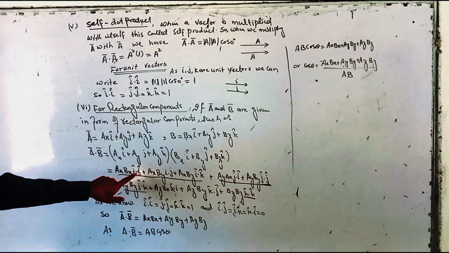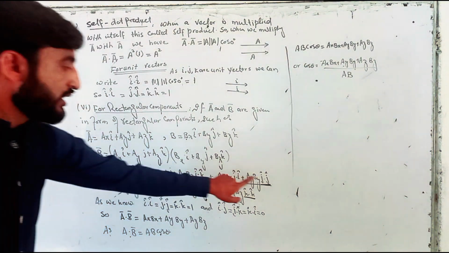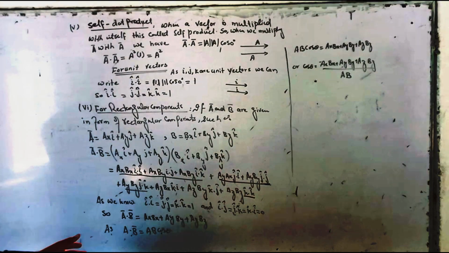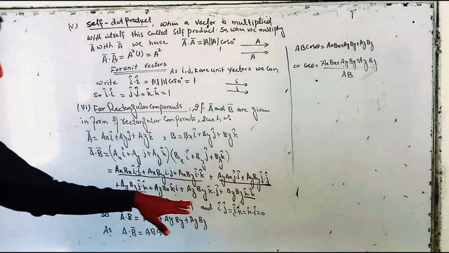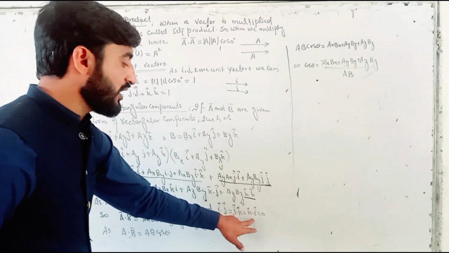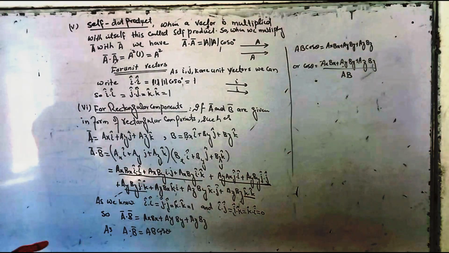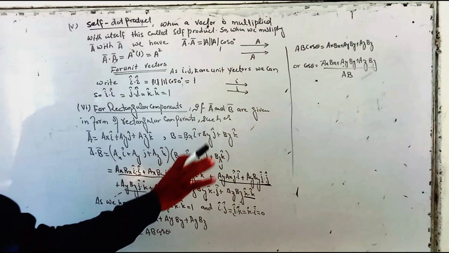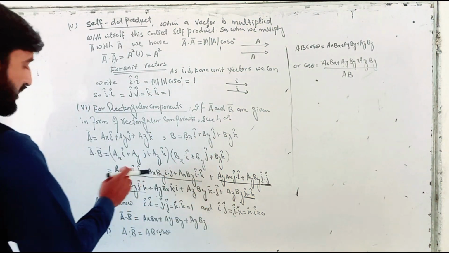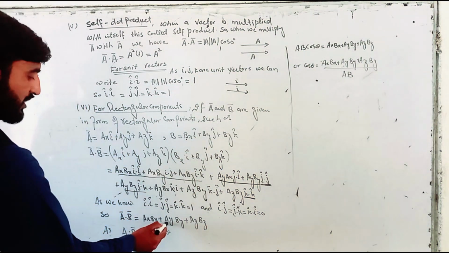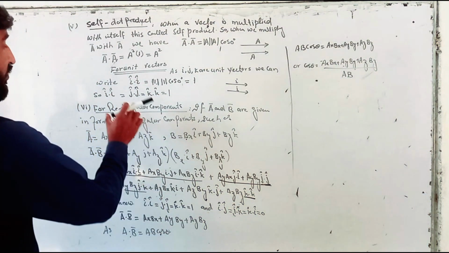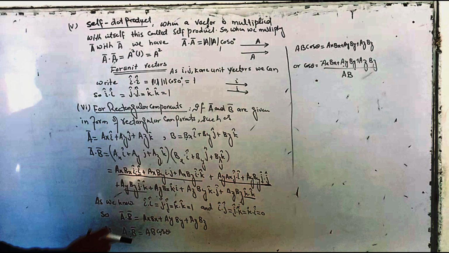So all the terms including i dot i, j dot j, and k dot k will appear in the answer, and all the remaining terms which include i dot j, j dot k, k dot i will vanish because their product becomes 0. So I am neglecting all the zeros, and I have got the answer Ax Bx plus Ay By plus Az Bz. This is my simple answer for rectangular components when they are multiplied.